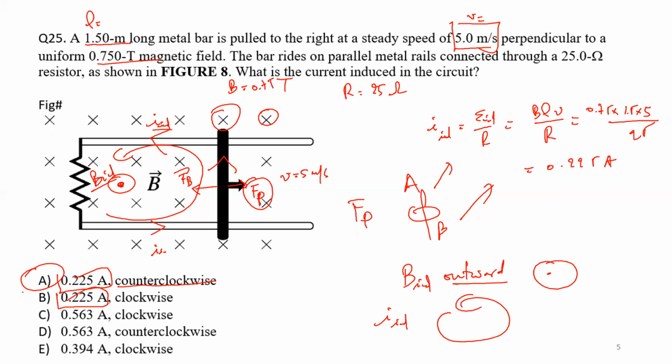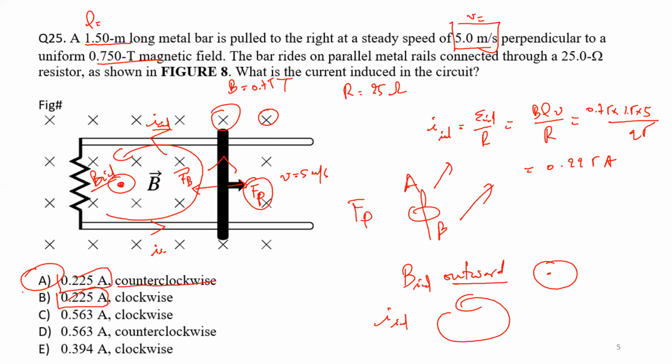Two ways to see the direction here. You look at whether you have an increase or decrease of magnetic flux, and you know that Lenz's law will oppose that change in magnetic flux. So here it's an increase, so my B induced should oppose the increase of magnetic flux. So it should be outward.